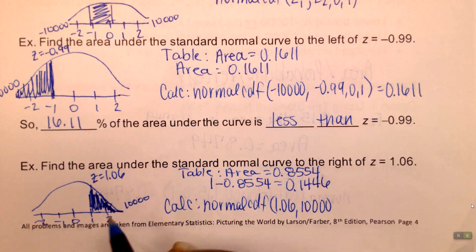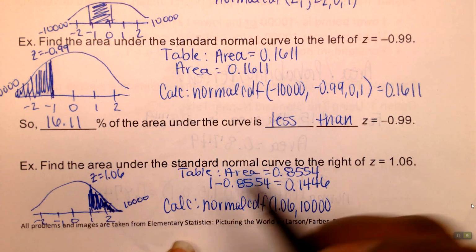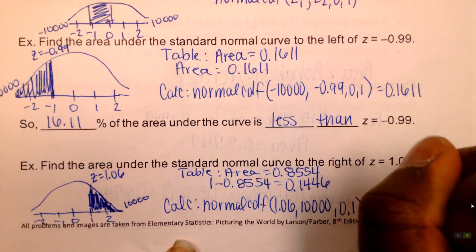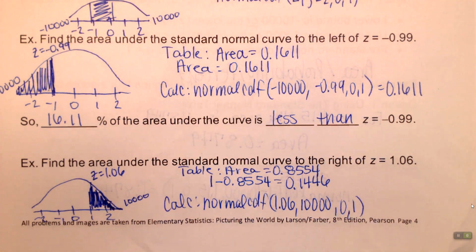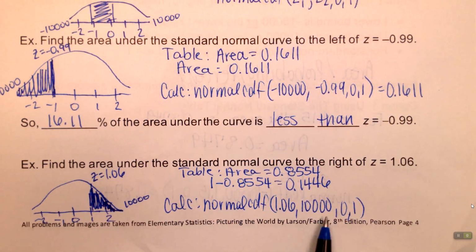So I'm reading left to right. 1.06, 10,000, 0, 1. When you listen it, you don't put the commas in. If you have an older calculator, you do put these commas in. That's why I put them in. But after I put it in, the calculator's going to automatically put those commas in. So I just want to match it, so I make sure that I have the right numbers.